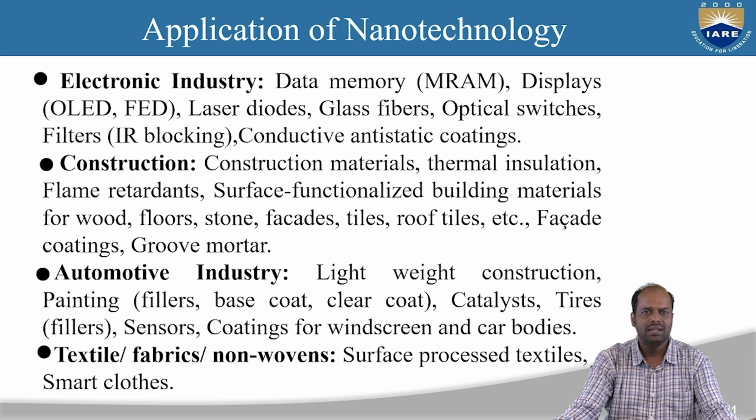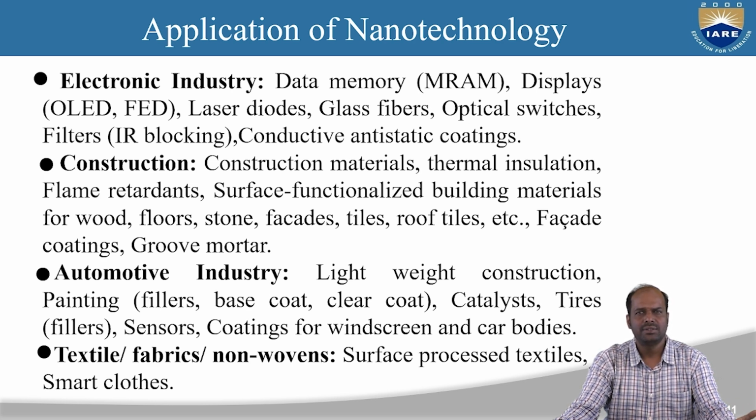What is the major application for the automobile industry? First, it should have lightweight construction and painting for different fillers, base coating, clear coat, catalyst, and tires, fillers, sensors, coatings for windscreen and car bodies.